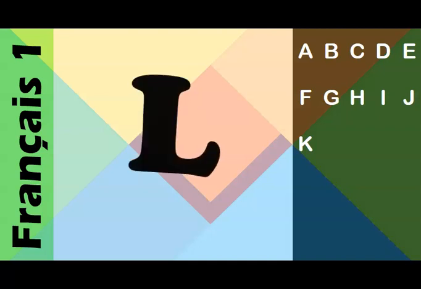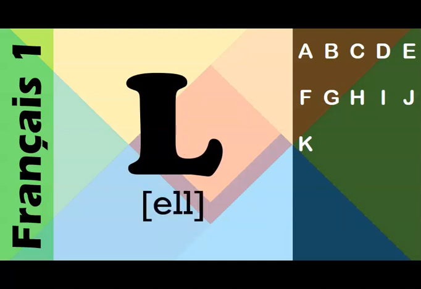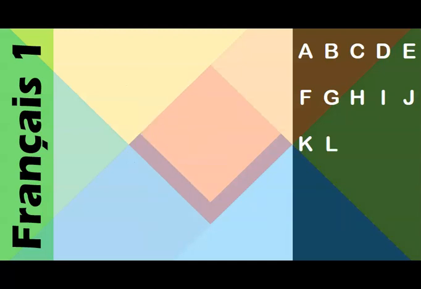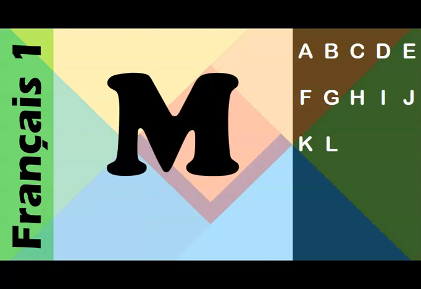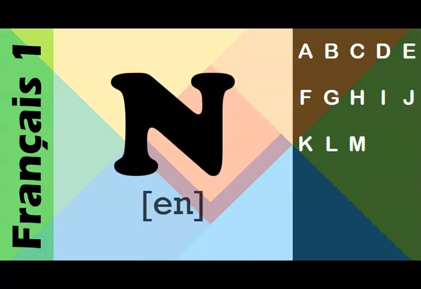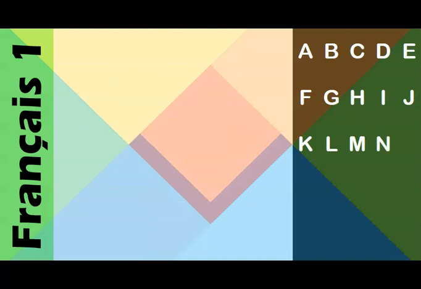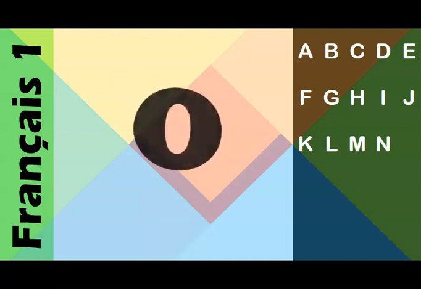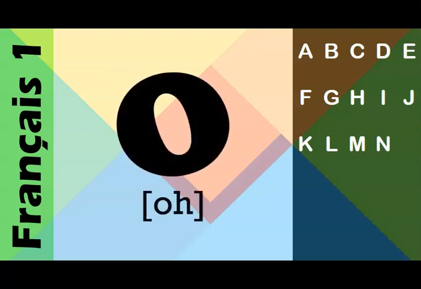For the letter L in French, it is L. For the letter M, in French, it is M. The letter N in French is N. And then finally, the letter O in French is O. All right, so L, M, N, O.